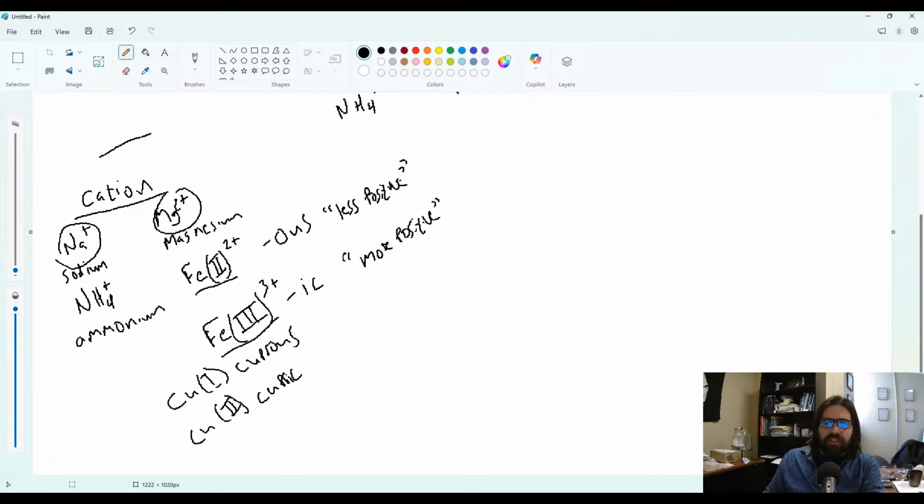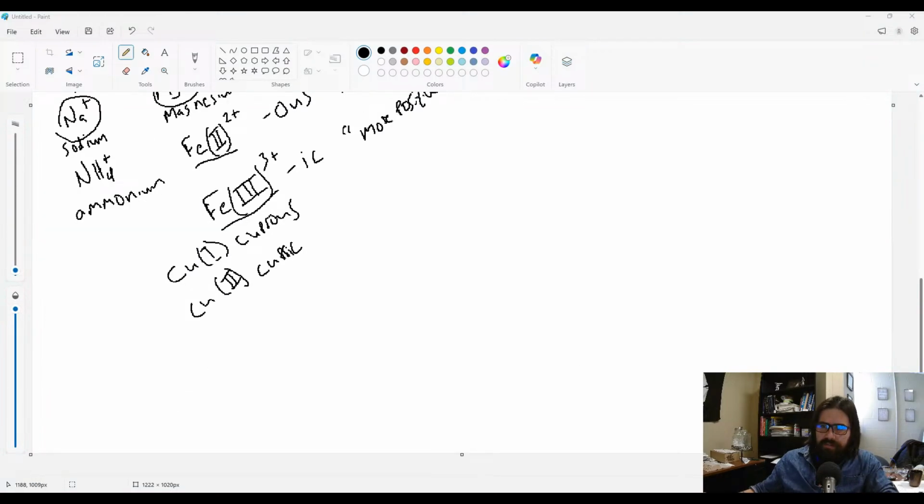Okay, so the -ous suffix means less positive when we're talking about cations, and -ic means more positive. Now, there are a couple of cations that I want you to have memorized. So I'm going to scroll down here and set up a new spot.